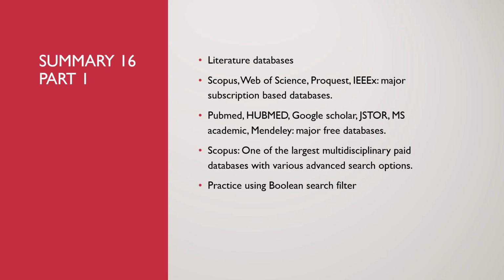So you choose the literature database on the basis of your need and whether you have access to those databases or not. Then come the free databases: PubMed, HubMed, Google Scholar, Microsoft Academic, etc. And the open access journals and their directories are also very useful, important free databases.